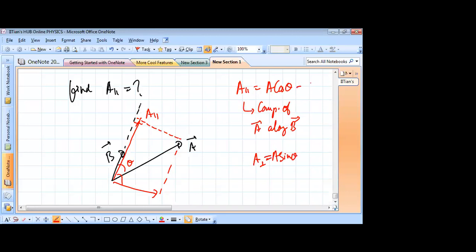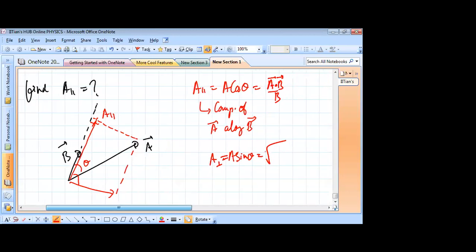So this would come by doing A dot B divided by mod B this time, okay? And this would come by doing the root of A square minus A parallel square. We can just interchange the role of A and B. Is that clear, Tanish?